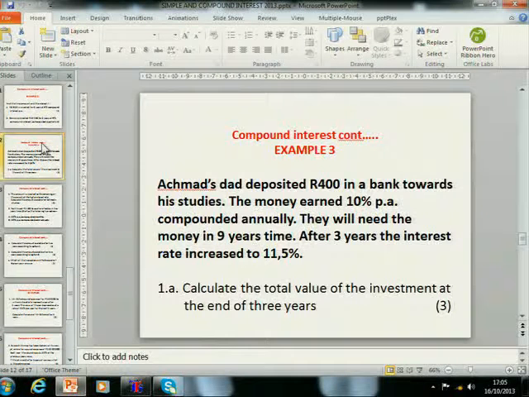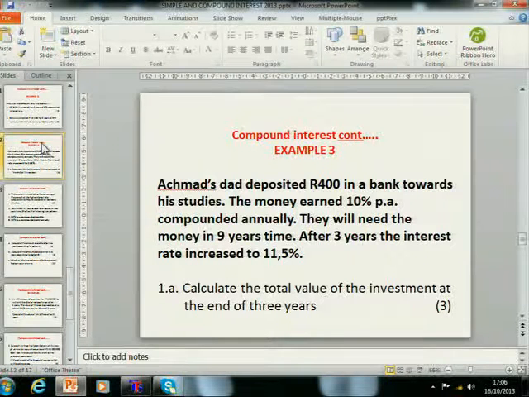So now let's look at this again. Ahmad's dad deposited 400 in a bank towards his studies. The money earned 10% per annum, compounded annually. They will need the money in 9 years' time. After 3 years, the interest rate is increased to 11.5%.